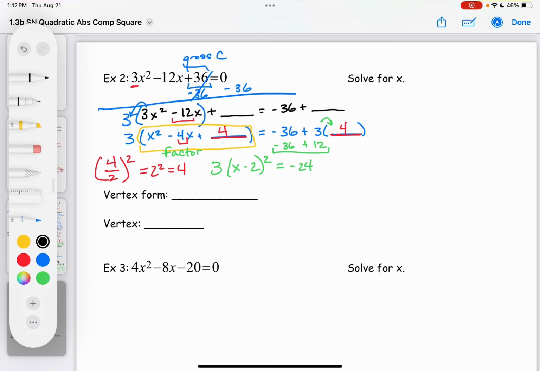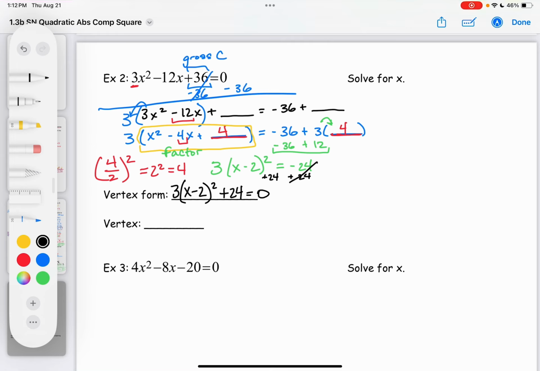For vertex form, the last thing I want to do is undo my number over here by adding it back to both sides. And so I've got a vertex form that is 3 times x minus 2 squared plus 24 equals 0.